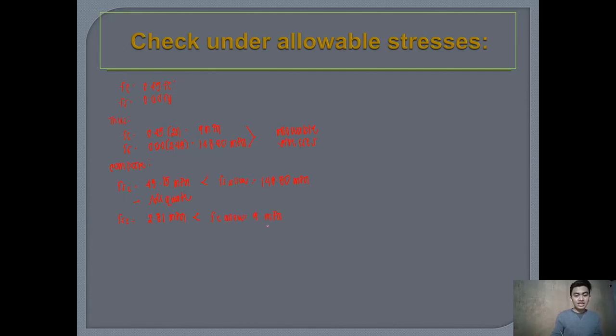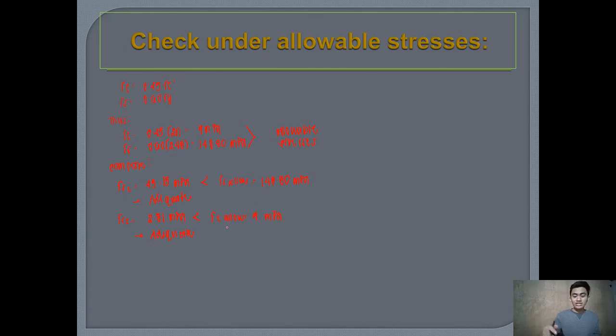Now, it did not exceed the maximum allowable stress, so this one is also adequate, which means that the given composite beam now is capable of carrying the loads which are given unto it.